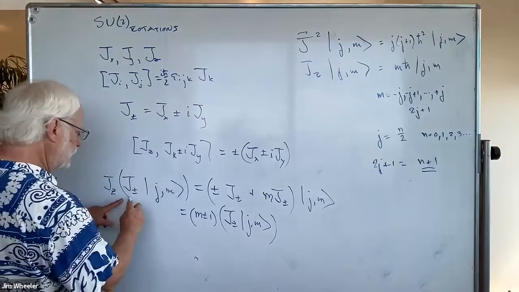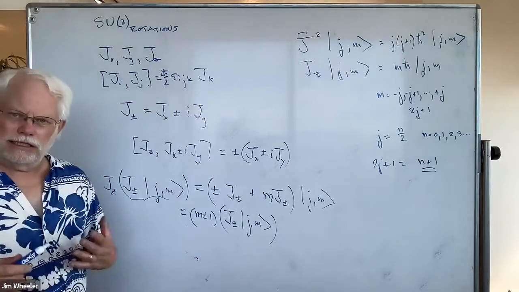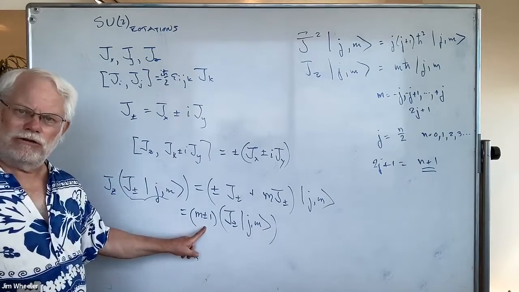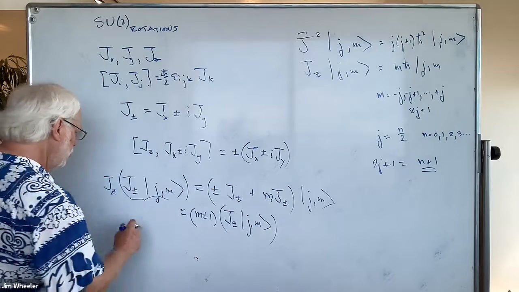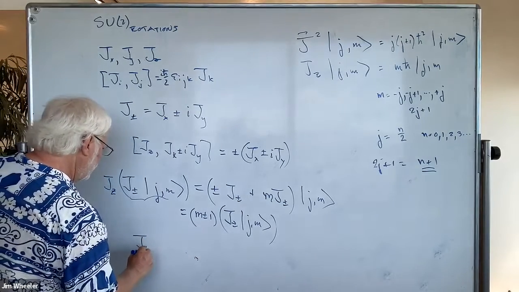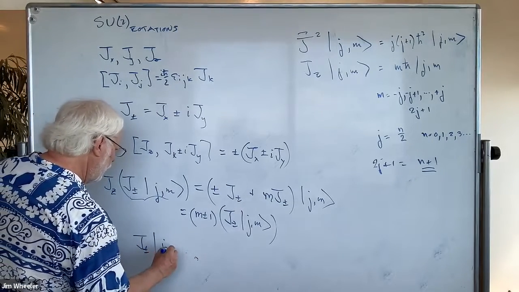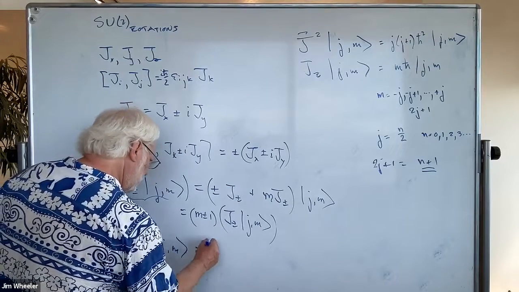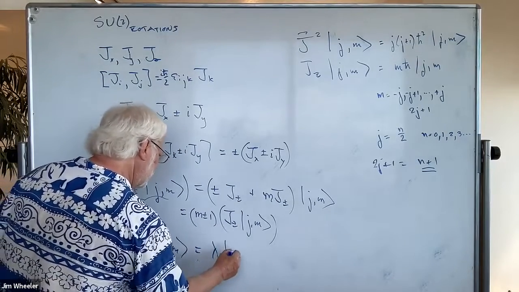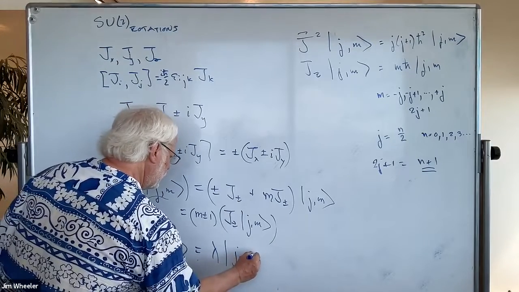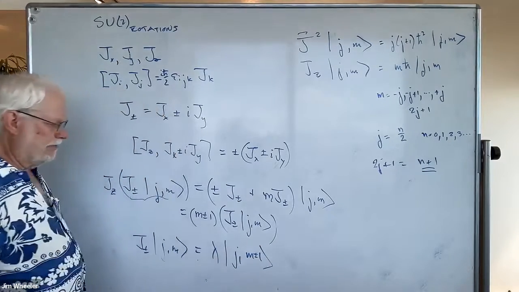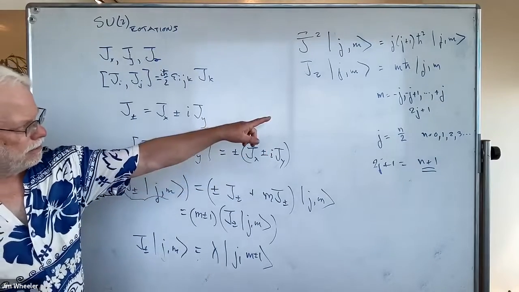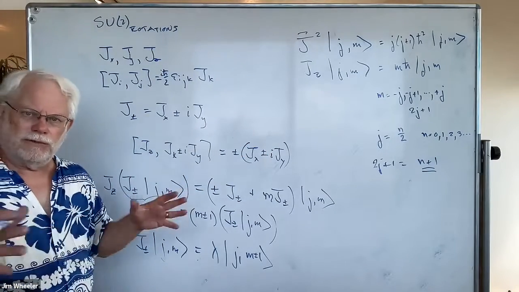So this combined thing is still an eigenstate of Jz, but its eigenvalue is increased or decreased by 1. So we can identify J plus or minus on Jm as some proportionality constant times J with M plus or minus 1. It's a different one in the same vector space, in the same 2J plus 1 dimensional space of states.